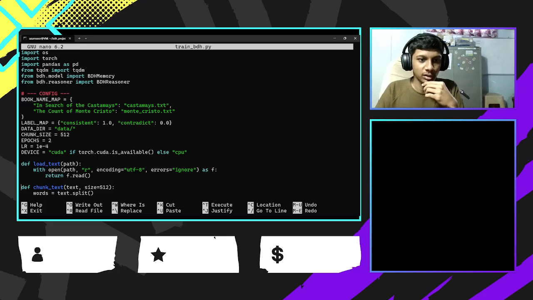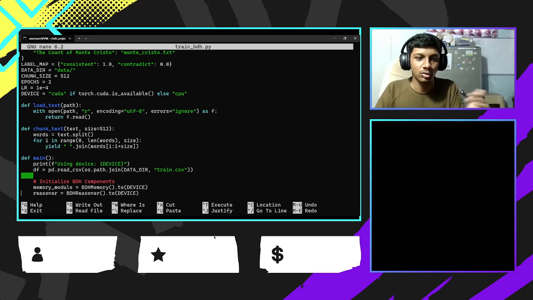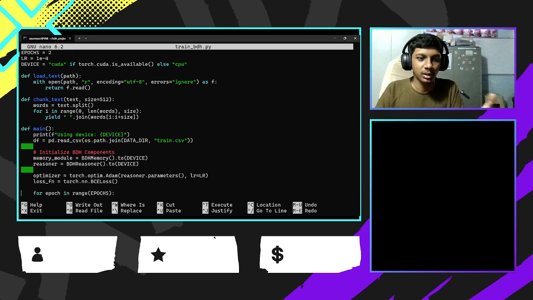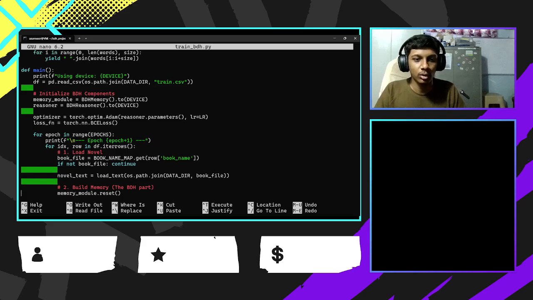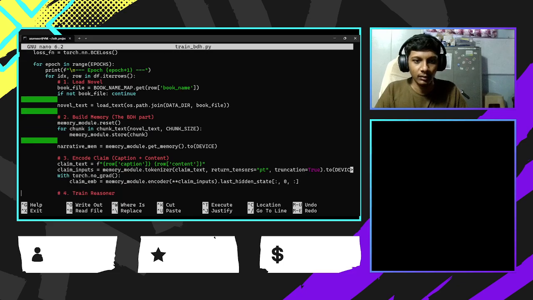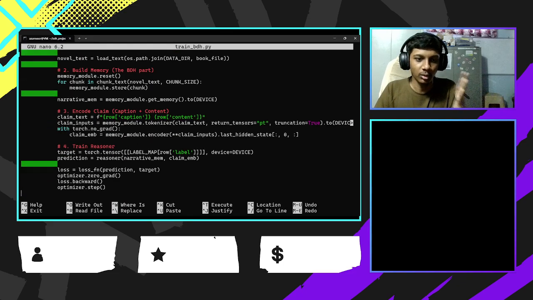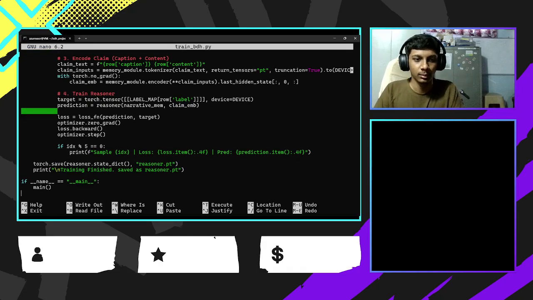This was chunk text. Chunk splits the words into sizes of 5. The device used was the CPU, and the same additional memory module. For the epochs, we ran 2 epochs to get the best one.